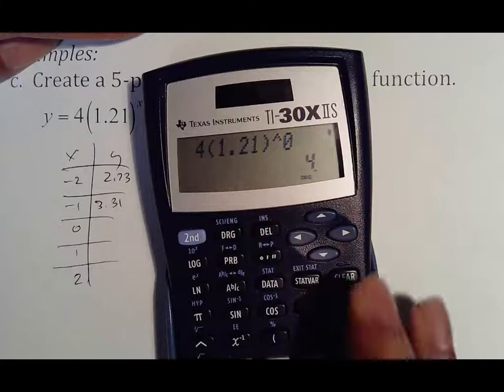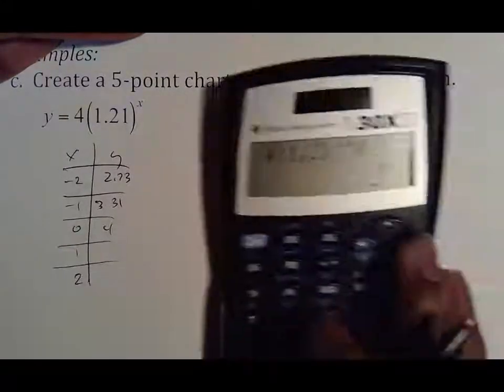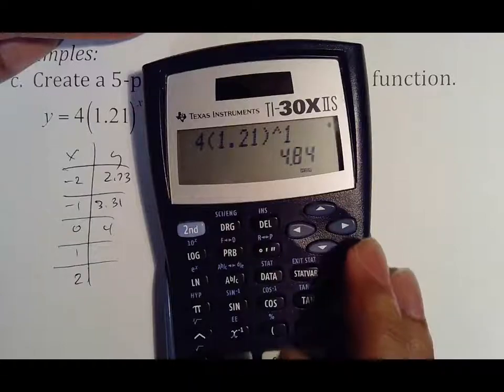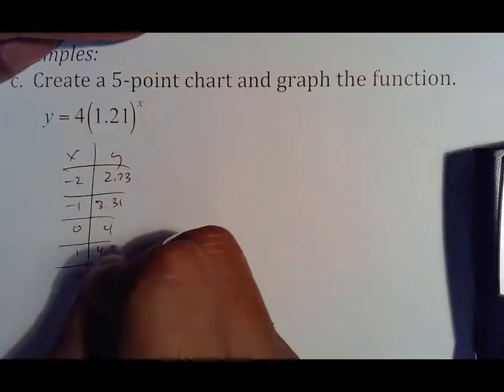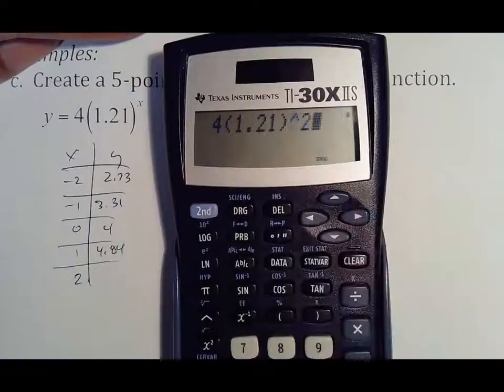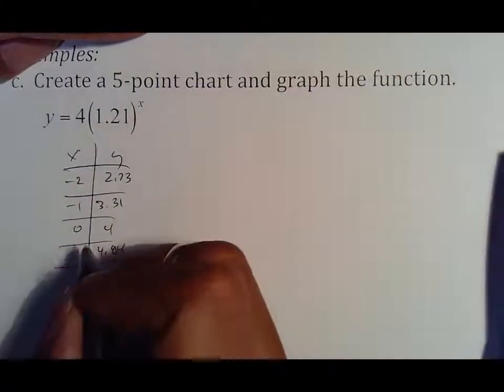Zero is 4. 1, which is 4.84. And 2, which is 5.86.